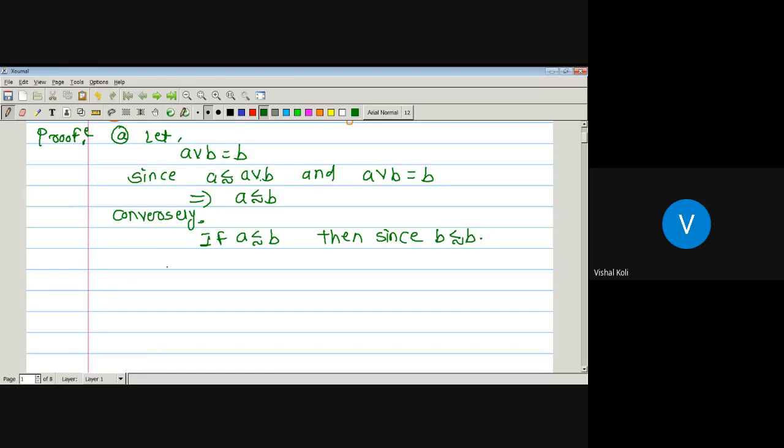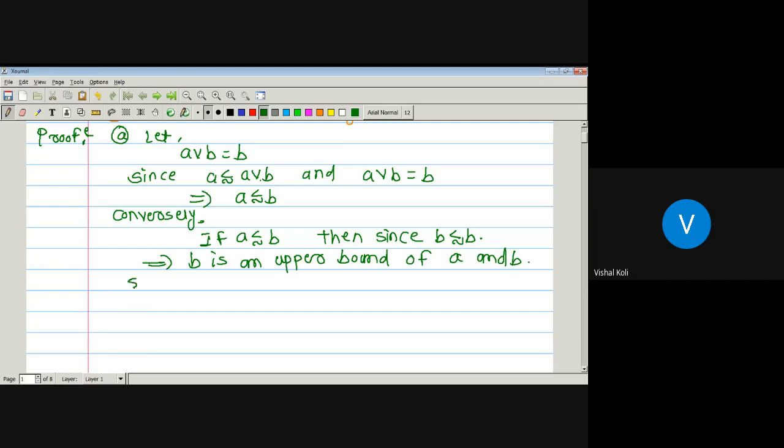Which implies, by the definition of upper bound, b is an upper bound of the two elements a and b, since a precedes b and b also precedes b, where precedes is our given relation. Whether it is the least or not, we don't know, but it is just an upper bound of the two elements a and b.